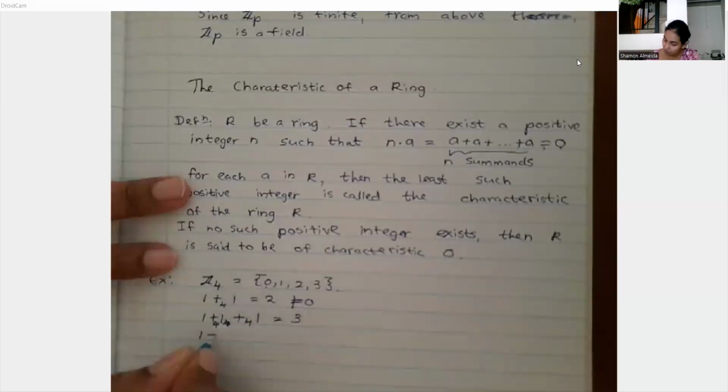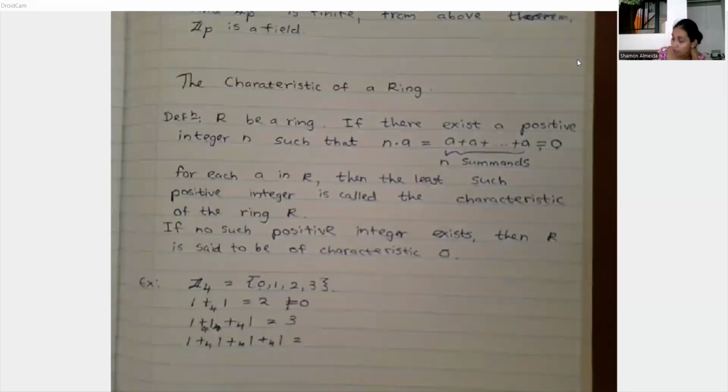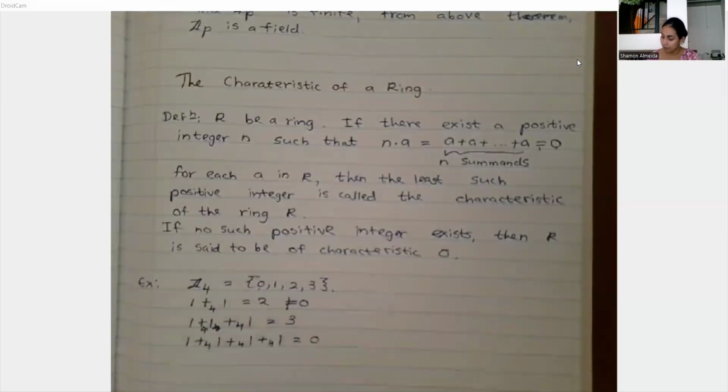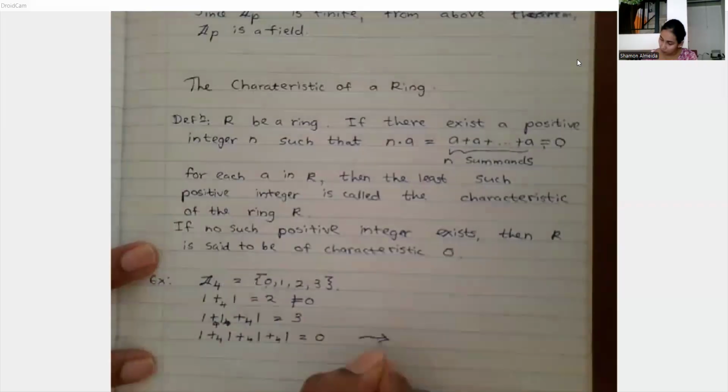Then let's do, now you are adding 1 4 times. You get 4. Divide by 4 and take the remainder. What you have is 0, because 4 is divisible by 4. Now you see, this tells you 4 times 1 is equal to 0. So this is our n at this point.